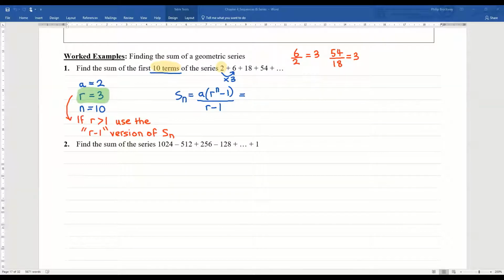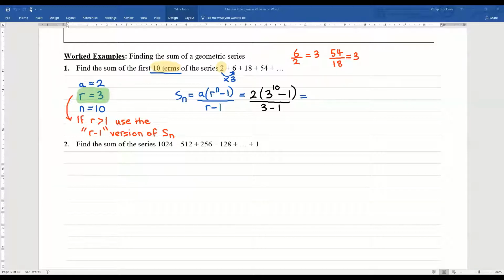So we have A is 2, R is 3, N is 10: 3 to the power 10, subtract 1. And then we have R subtract 1 on the bottom. That's 3 subtract 1. And you may want to do a bit of tidying up here.